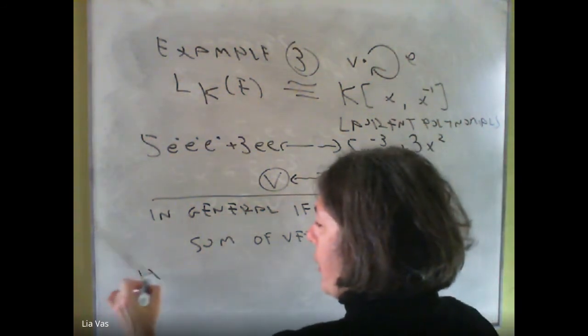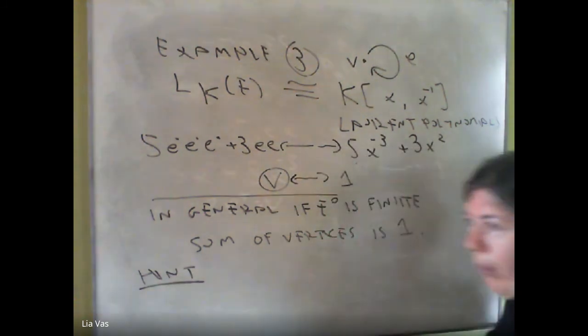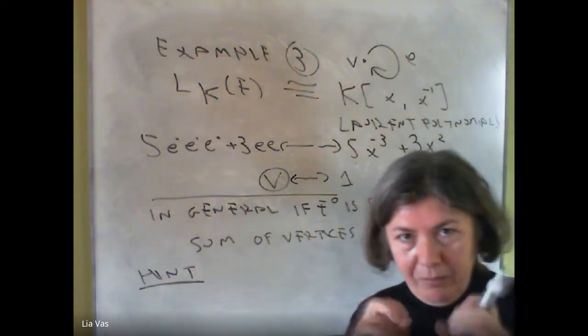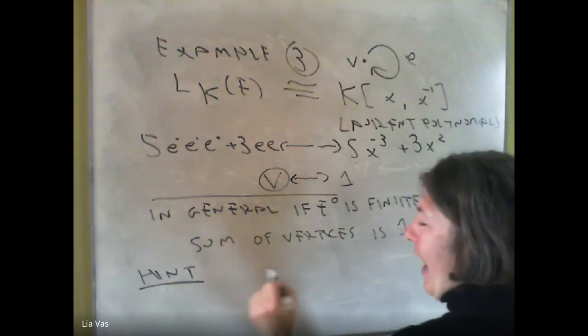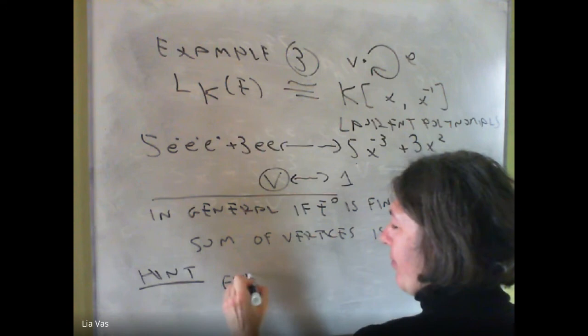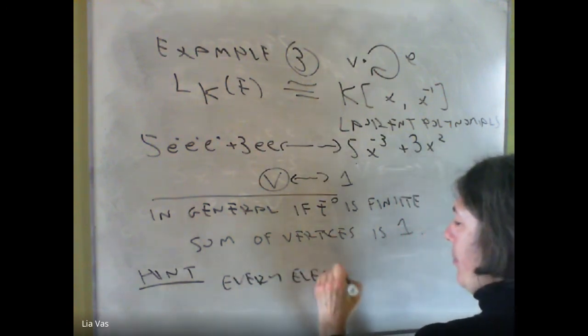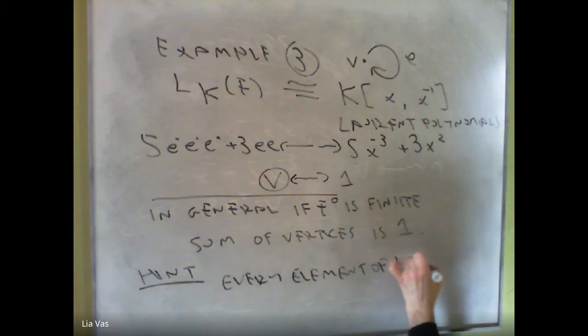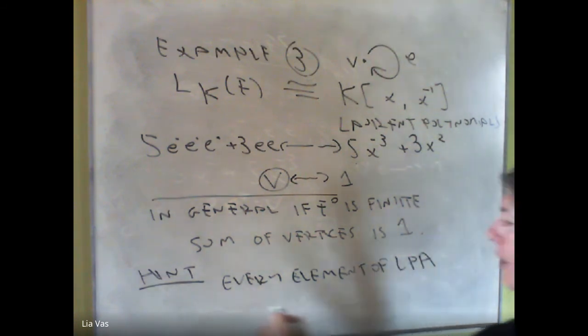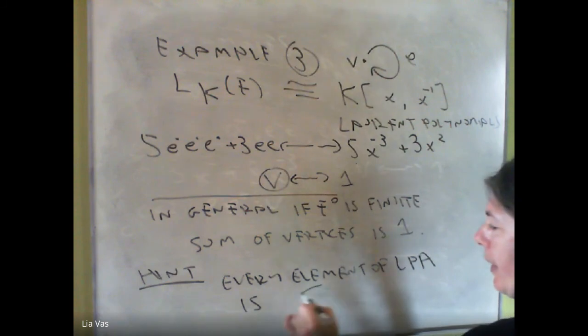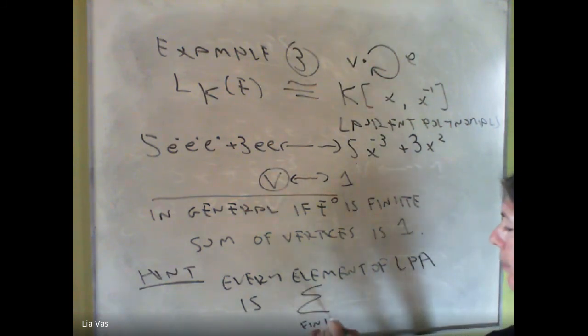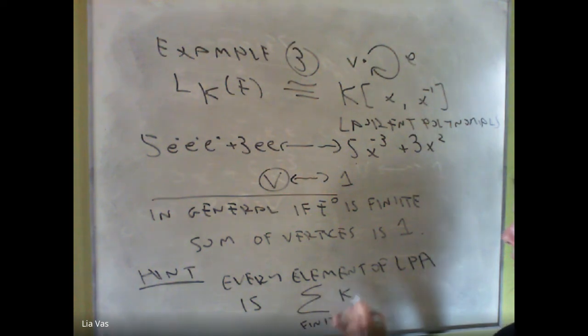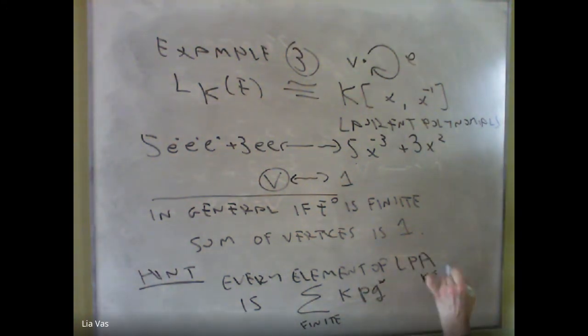An important hint for this little homework is that every element of a Leavitt path algebra, LPA for short, is of the form of a finite sum of elements k P Q star, where the coefficient k is from the field, and P and Q are paths.